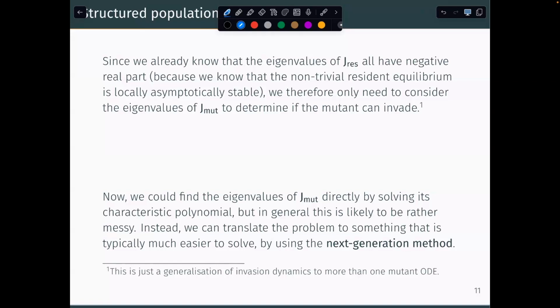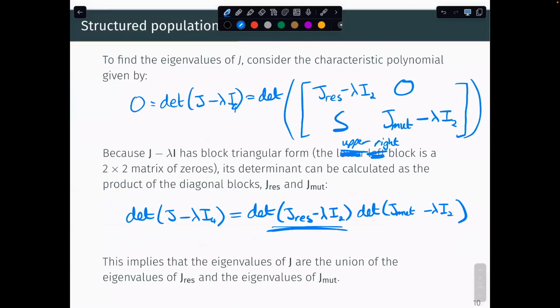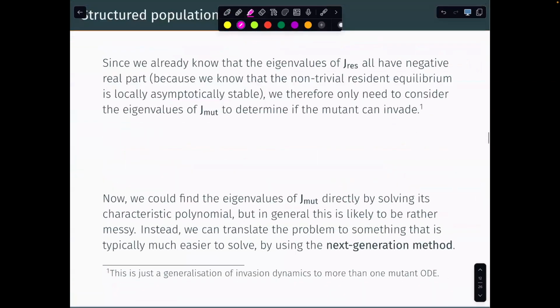Now we've just generalized it to there being as many equations as we want. We'll always end up with this block form for our Jacobian when we have our resident and our mutant dynamics, which means we can always just focus on finding the eigenvalues for our mutant Jacobian. That will tell us whether our mutant can invade.